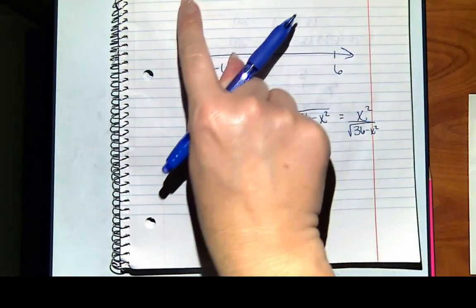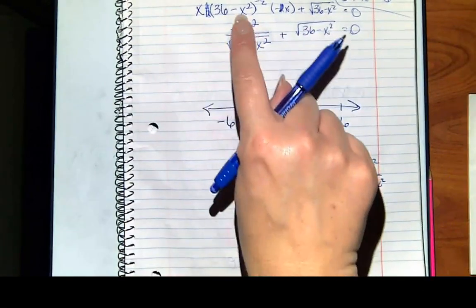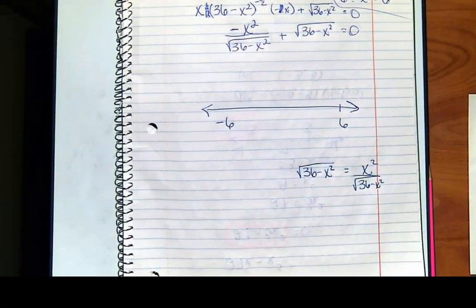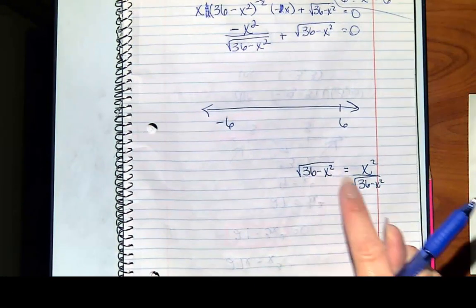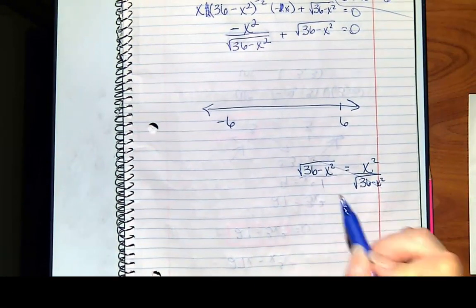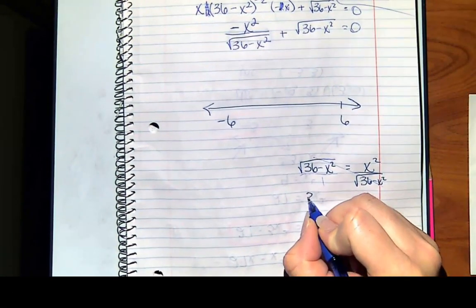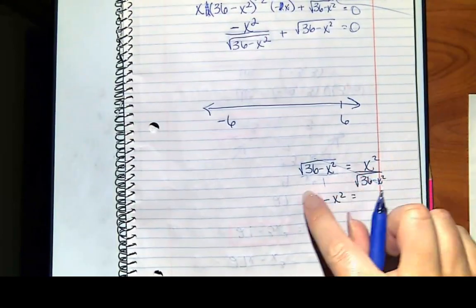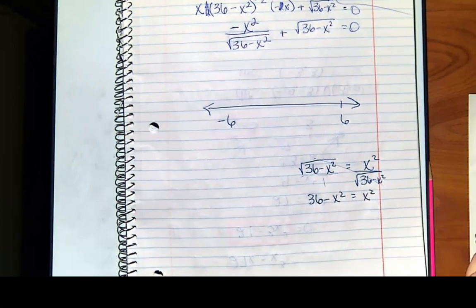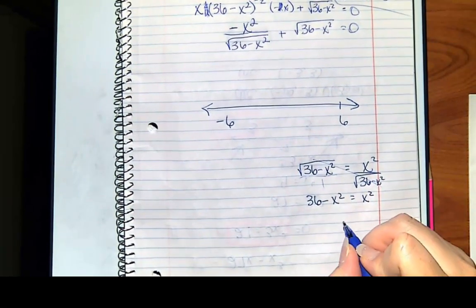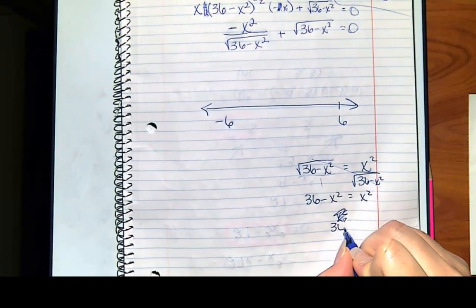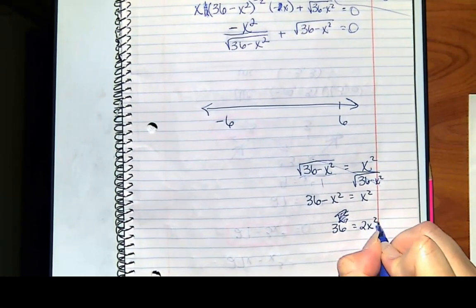So I just added this term over to the right. And now I'm going to cross multiply. So this chunk times this chunk means it pops out from underneath the radical. And then x squared times 1 is x squared. So I'm going to add x squared. So I get 2x squared.